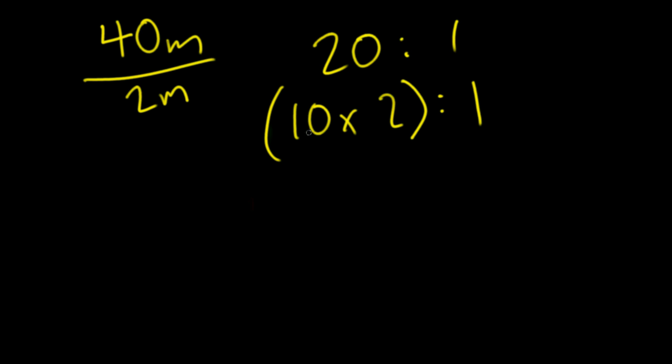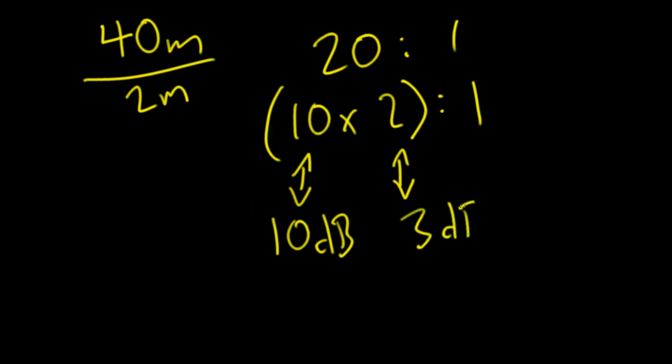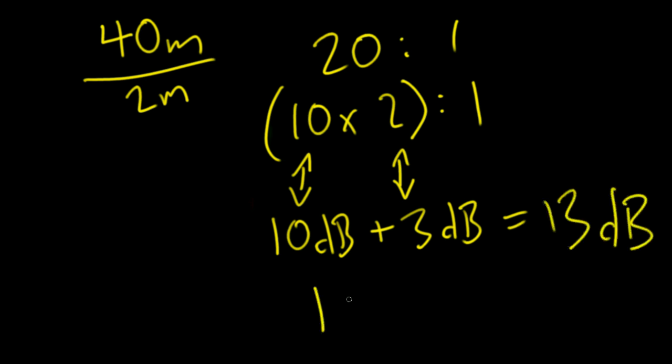And remember, multiplying a ratio is the same as adding decibels. So from the 10, we get 10 dB, and from the 2, doubling, we get 3 dB. And we add these together. He is 13 dB taller than me, or his height is 13 dB mics.